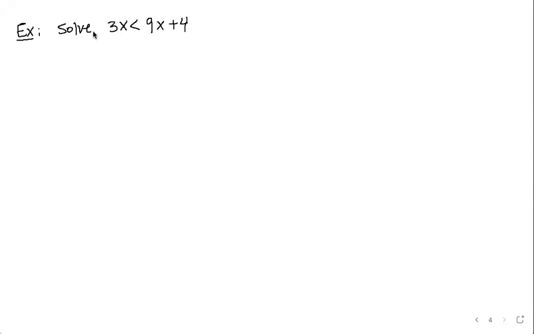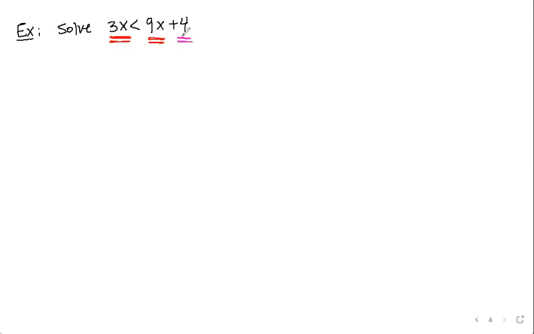So when we have a linear inequality, the best idea here is to move all the variables to one side and all numbers to the other side. Here, 3x is a variable, and 9x is another variable. 4 is a constant number.